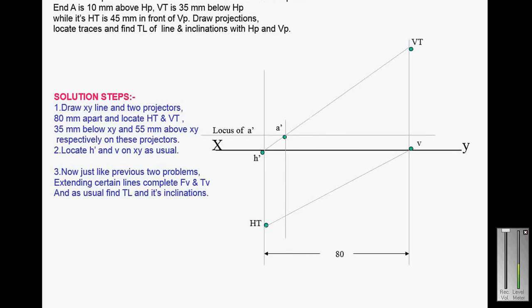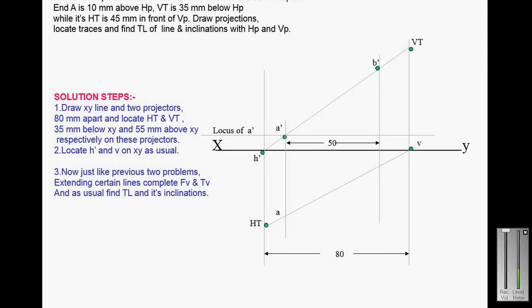Once you get A dash, draw the projector through A dash, and it will touch the line VHT, and that point is A. This is one end projector, and in the question the end projectors are 50 millimeter apart. So from the projector line A dash A to the projector line B dash B, the distance will be 50 millimeter. So draw the second projector, 50 millimeter apart.